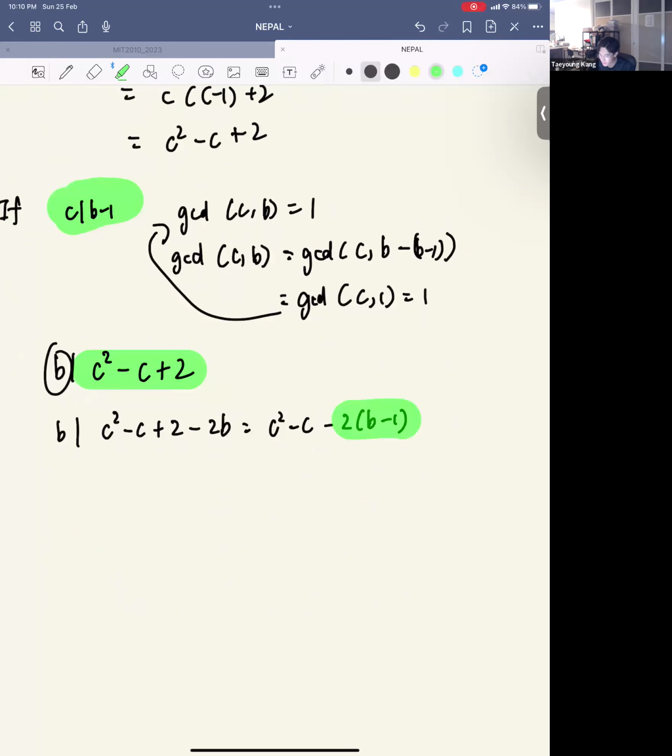So this is divisible by C. But at the same time, this is also divisible by C. And we know that B and C are coprime.